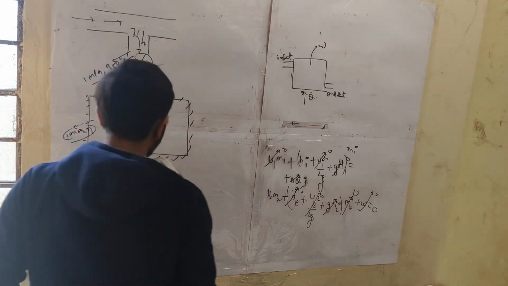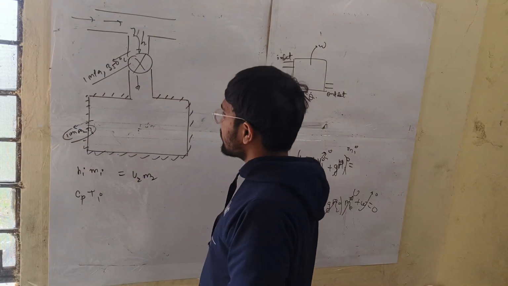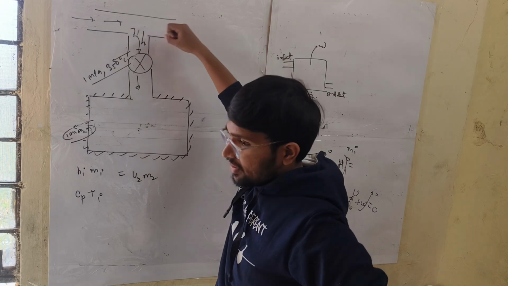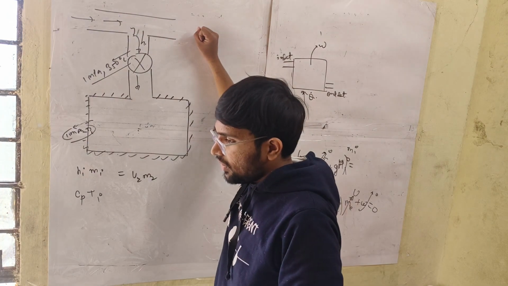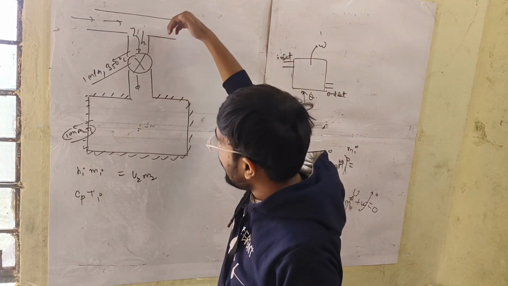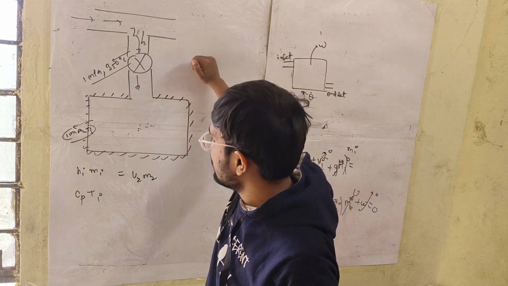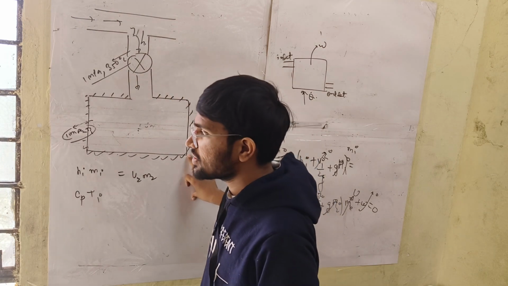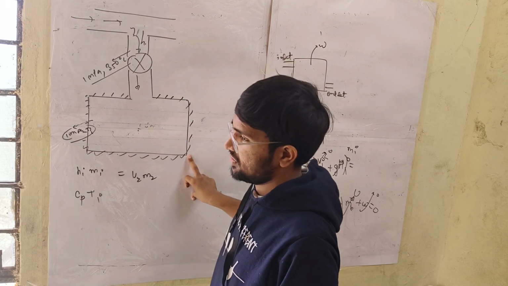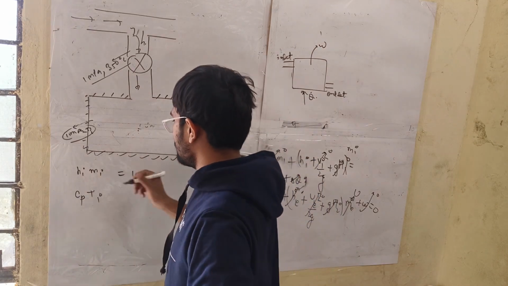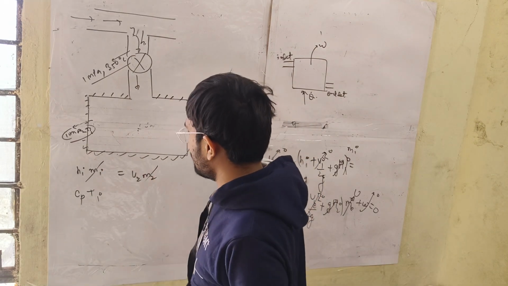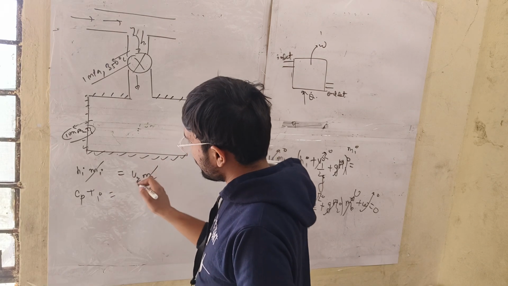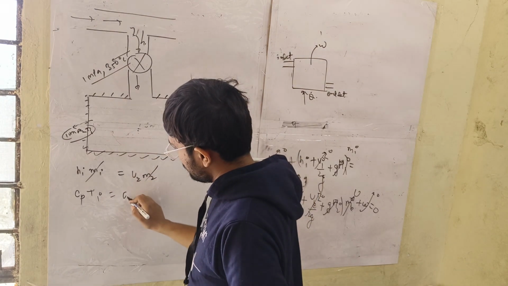This must be equal, because whatever air is supplied to this tank must be equivalent to this M2, because initially the system has no mass. Okay, so they cancel out, and U2, how can you write that U2?